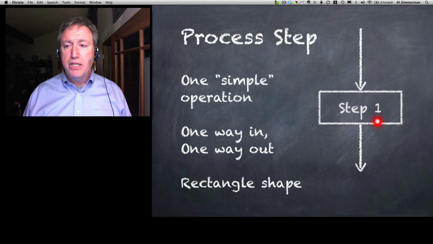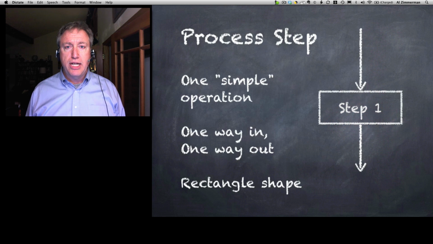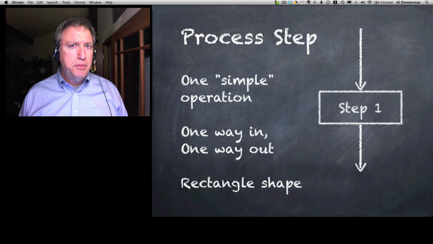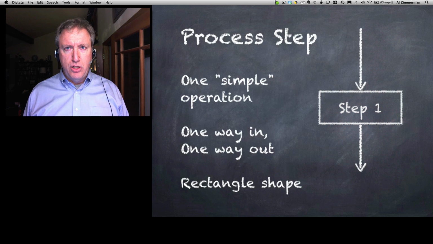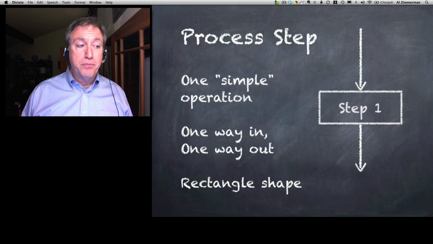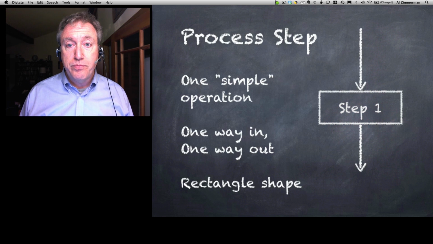There's no stopping. There's no decisions. We use a rectangle shape. And what you actually make this rectangle do depends on the situation. We'll talk about that more later on in this presentation and in a second presentation about how to create procedural flowcharts.